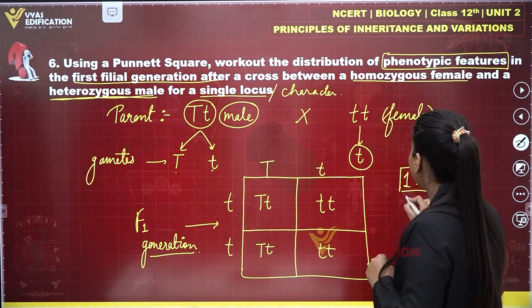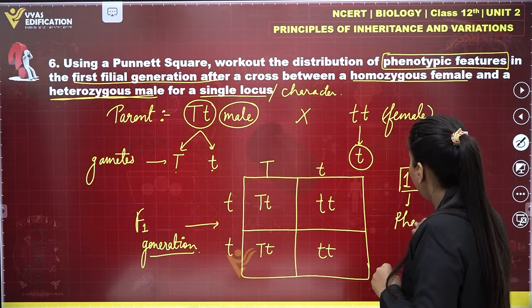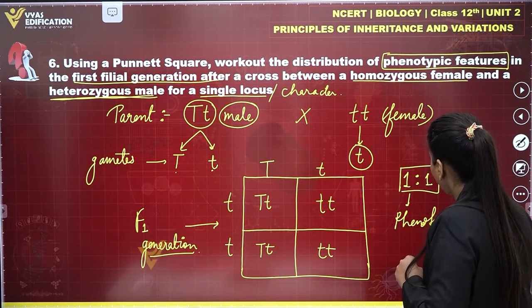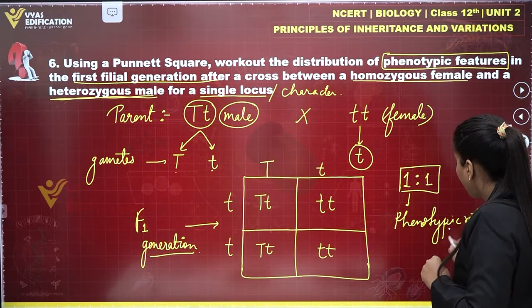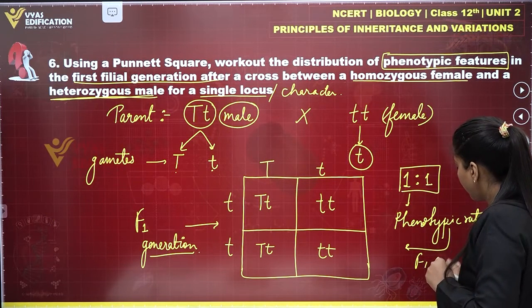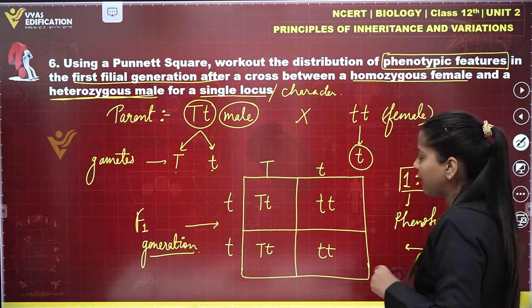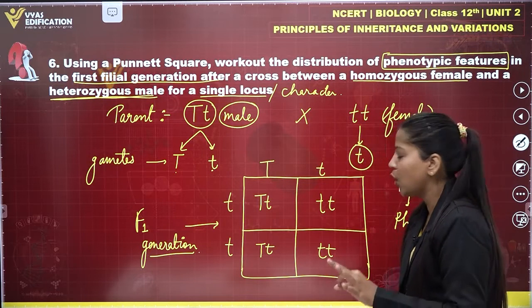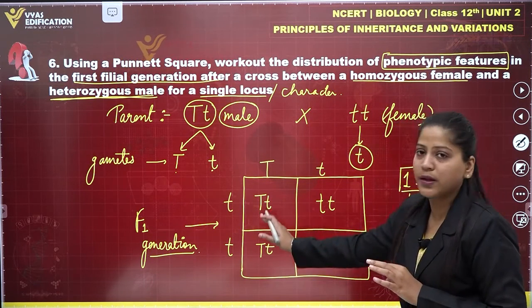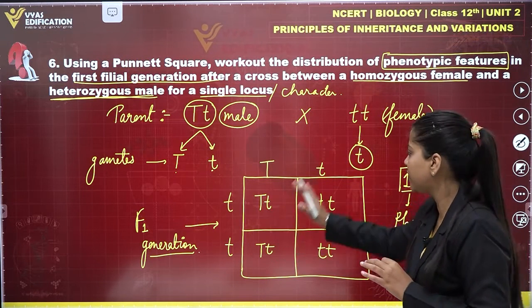So 1:1 is the phenotypic ratio of the F1 generation.